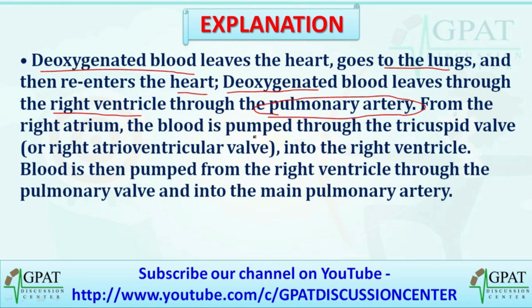Next, from the right atrium the blood is pumped through the tricuspid valve, or right atrioventricular valve, into the right ventricle, and then blood is pumped from the right ventricle through the pulmonary valve and into the main pulmonary artery. And now we will discuss an explanation with the help of the diagram.